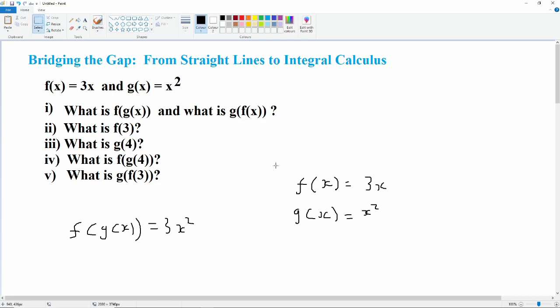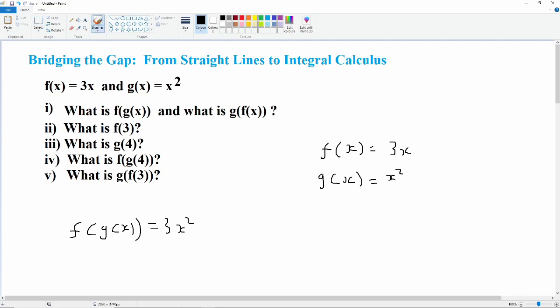Okay, let's just move this out the way, and I'm going to call this I, or Roman numeral 1, and I'm going to say that g of f of x is equal to g of, and f of x is equal to 3x, and of course g of x is equal to x squared, so we write down the x, but instead of x it's 3x, because that's what's in the argument of the function, so it's 3x all squared, which I suppose if we wanted to expand that out, we would say that's 9x squared.